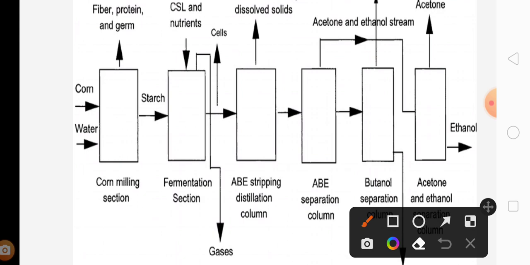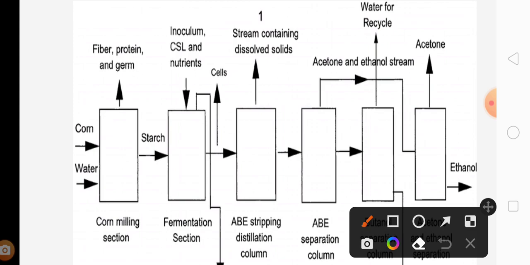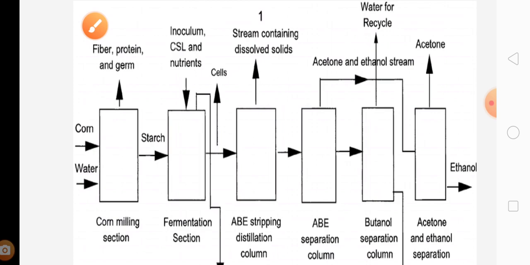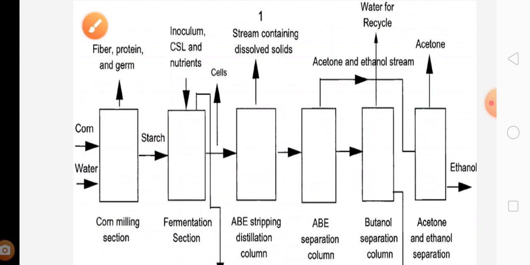Here acetone, butanol and ethanol will be separated by distillation process. The fermentation broth contains some dissolved solids, such as the cells and the medium, which will move out of the vessel, and ABE will get separated by distillation.